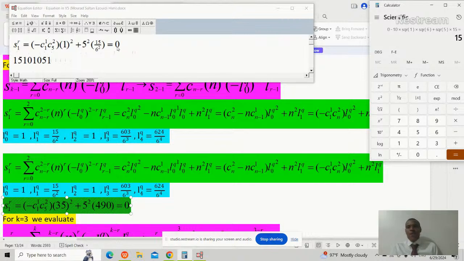So this has to be equal to 15 divided by 36, that is, 15 divided by 6 squared.